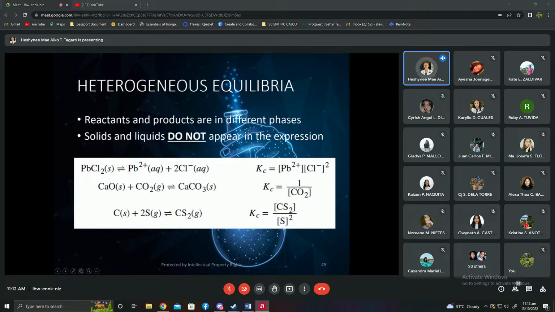Next, for gases naman, so we still use partial pressures man gihapon. Alright? So, always remember, basta heterogeneous, wala ginadala ang solid and pure liquid sa equilibrium constant expression. So, let's have an example.